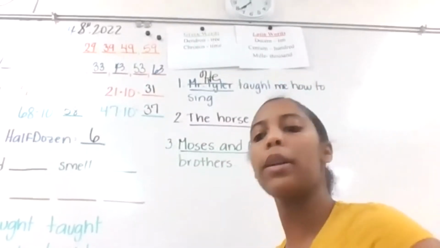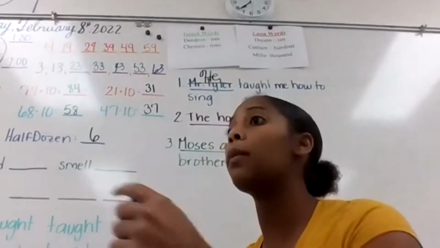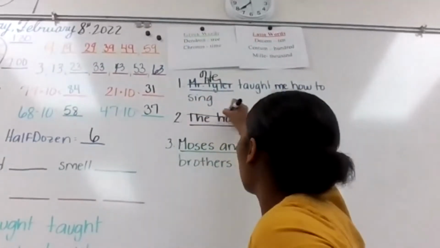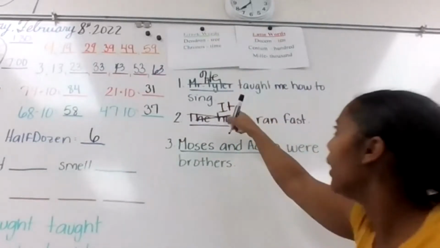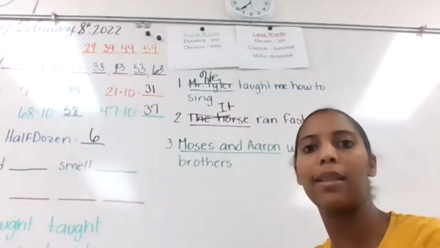All right, so the horse ran fast. So how should I replace the horse noun into a pronoun? It ran fast. Remember, it is the only pronoun that can replace things. A horse is a thing. It ran fast. Is that what everyone did? You put it ran fast.